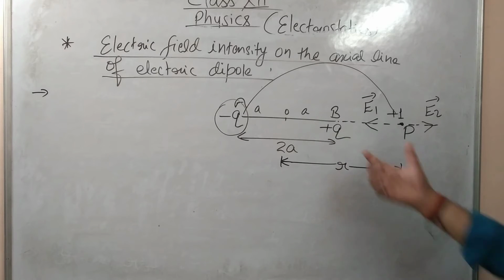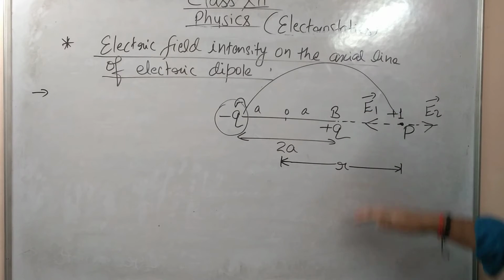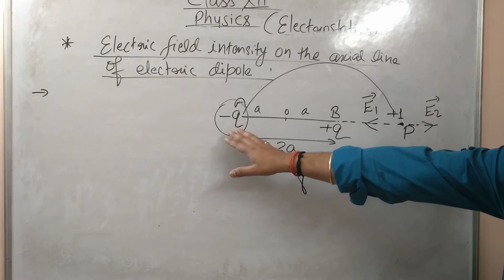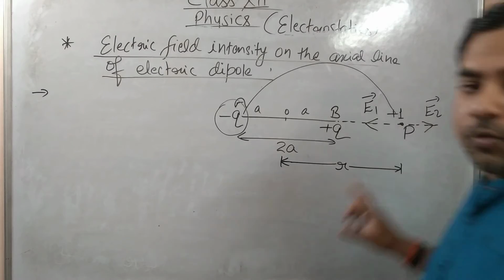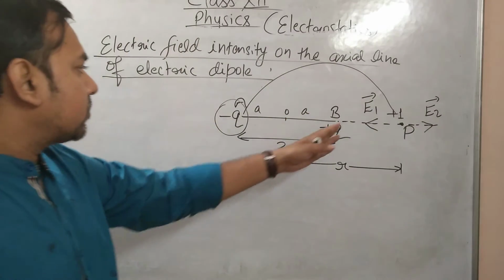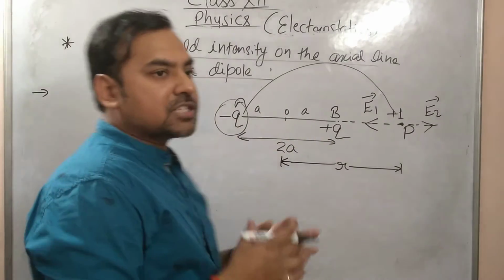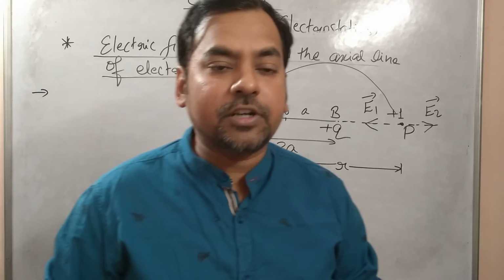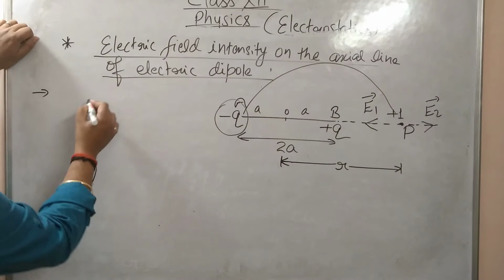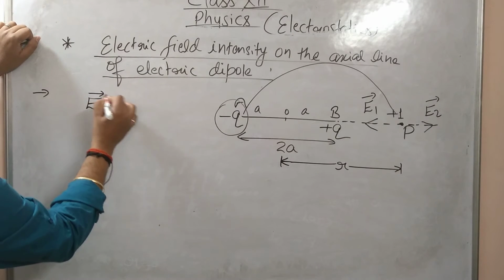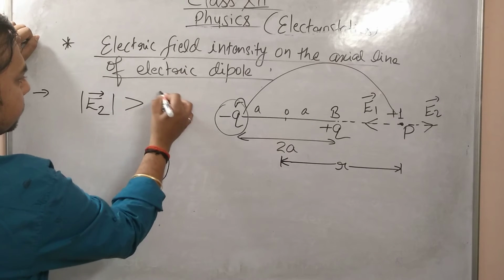As we know that the distance of separation from this plus q charge is less than that from minus q charge, so the electric field intensity E2 will be greater than that of E1. Because electric field follows the inverse square law, the magnitude of E2 is greater than the magnitude of E1.